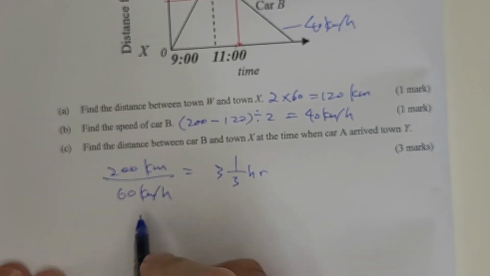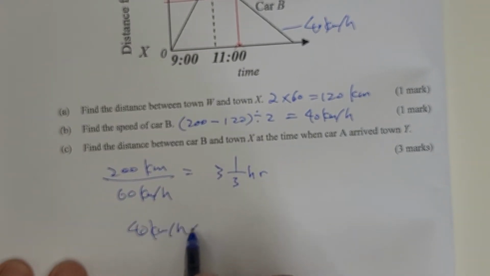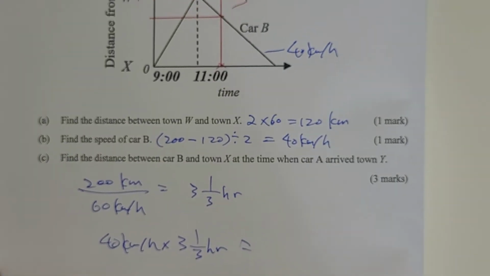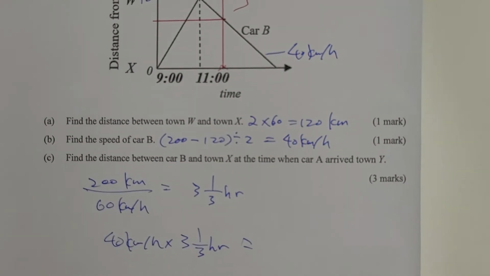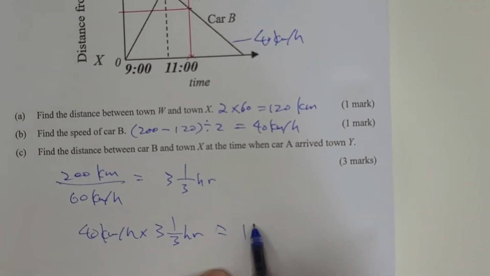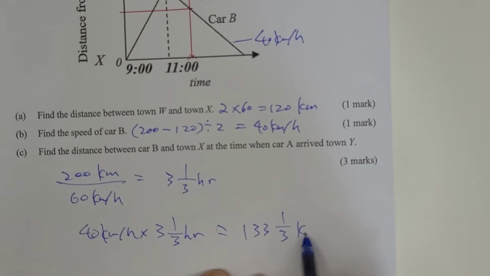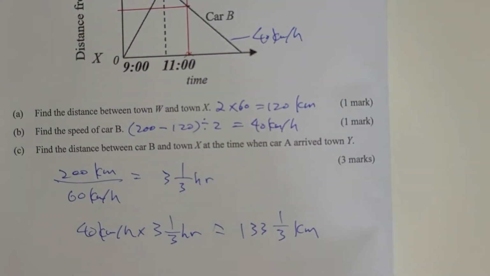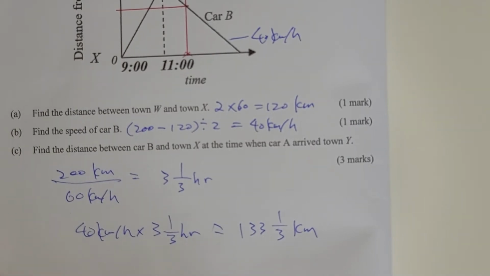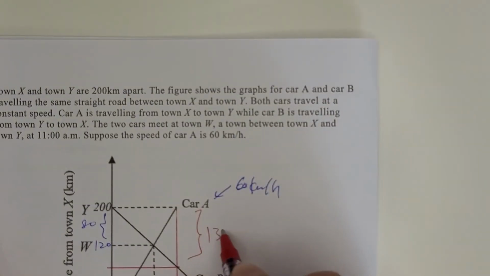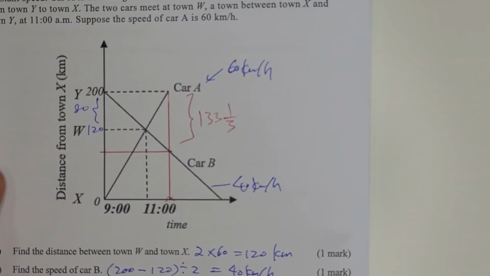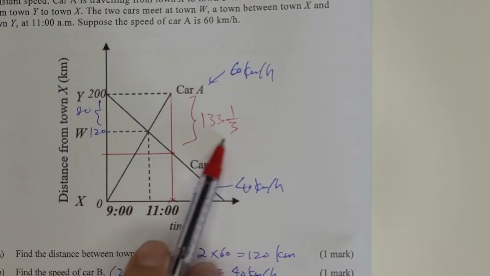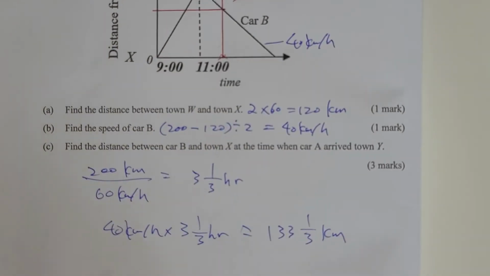So you take 40 km per hour times 3 1/3 hours. That would be 133 1/3 km. So what does this number mean? This means this one. But the question wants to find this one. So you need to use 200 minus this 133.